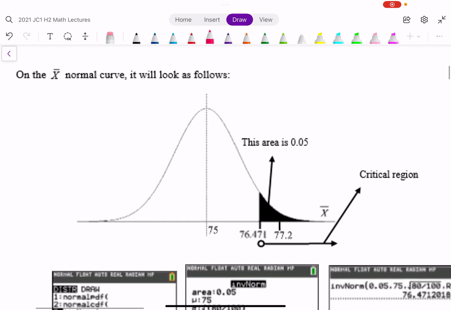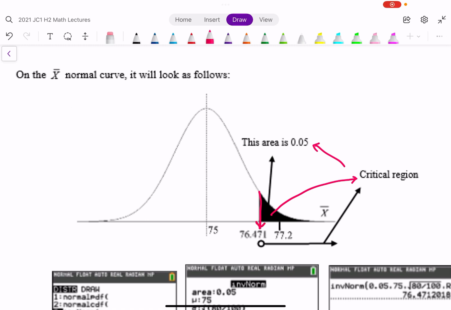As you can see in the diagram, the shaded region is what we call the critical region, and the area of this region is the significance level, which is 5%. Now that I know where my critical region is, the next thing I need to do is find the critical value that is related to this region, which is the boundary here.